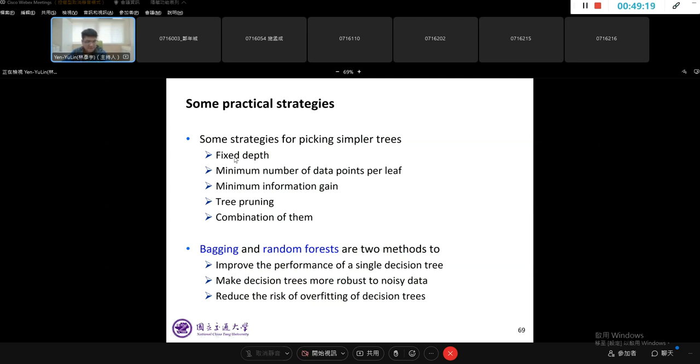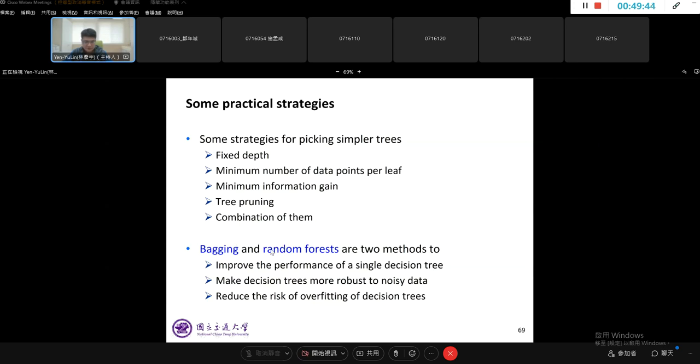Okay, in the following, I'm going to specify two powerful ensemble methods to address this problem. We can combine several small-size decision trees and boost their performance. One algorithm is called bagging, the other is called random forest.